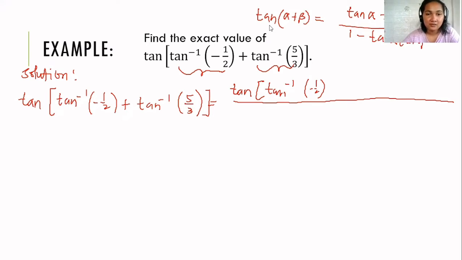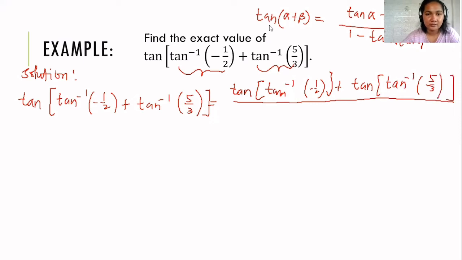Following this form, our alpha is the inverse tangent of negative 1/2 and our beta is the inverse tangent of 5/3. That will be the tangent of the inverse tangent of negative 1/2, plus the tangent of your beta, the inverse tangent of 5/3.